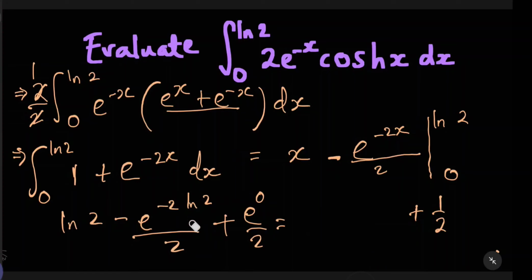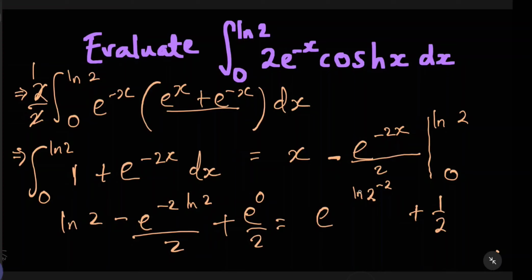For this part, I'm just going to rewrite it till we get what the answer is supposed to be. You have exponent raised to power minus 2 natural log of 2, and this numerator can be rewritten. This is also the same thing as saying raised to power minus 2.